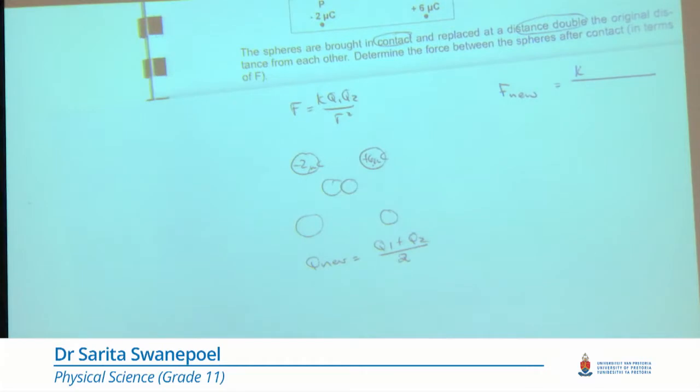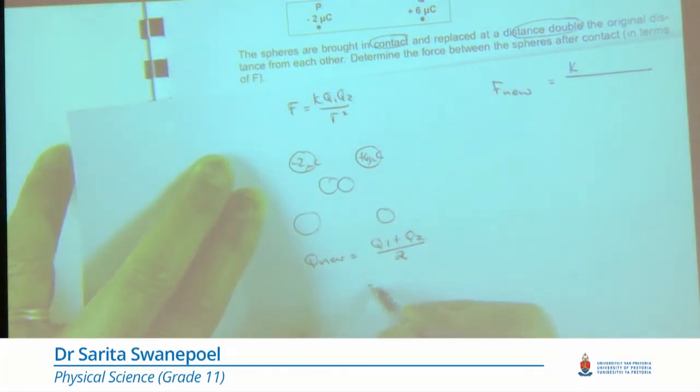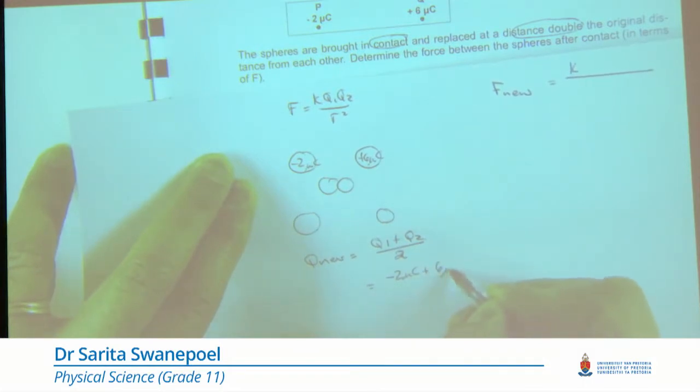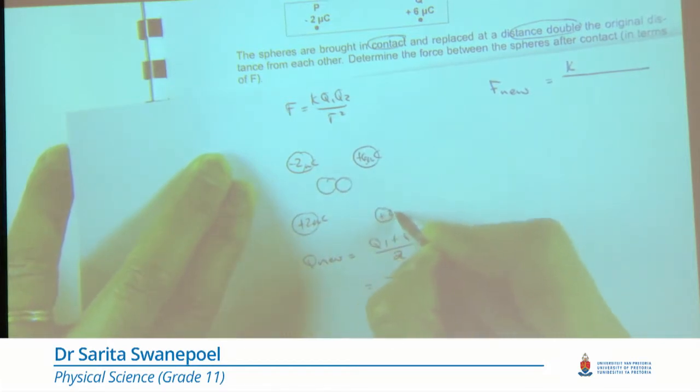Now we talk about the algebraic sum, because this is the only place in static electricity that you put the plus and minus in. You don't put the plus and minus in the Coulomb equation, but over here we have to say it is -2 microcoulomb added to +6 microcoulomb, divided by 2. That will give you +4 divided by 2. So they end up +2 and +2 microcoulomb.